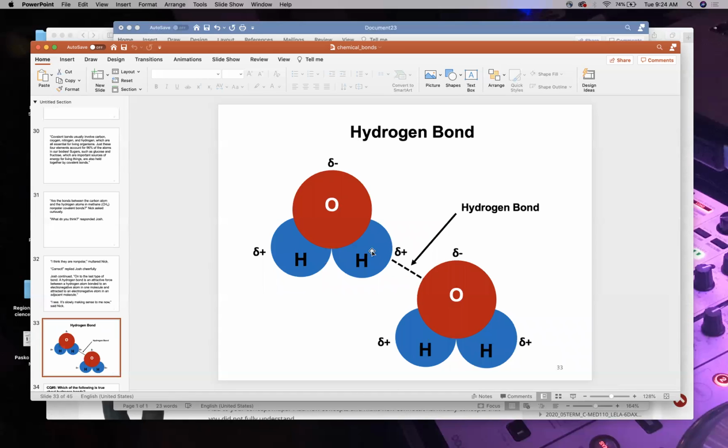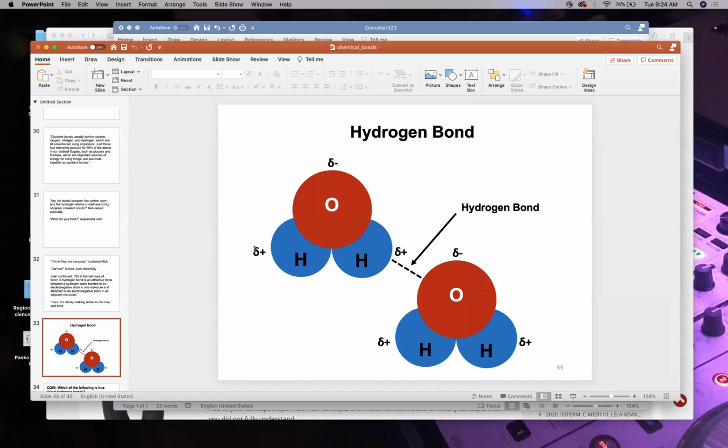So the attraction of this hydrogen, partial positive, to a partial negative, that is a hydrogen bond. The hydrogen bond is relatively weak compared to the other bonds we talked about because the hydrogen bond needs to be flexible. And that's what water is, it's flexible.